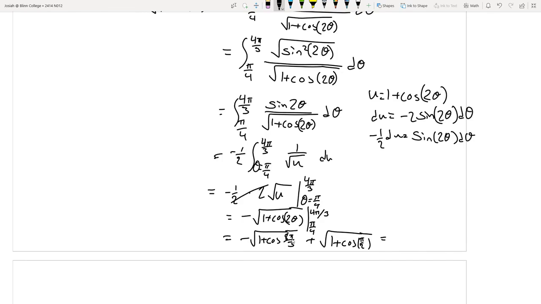Cosine of 8 pi thirds should be, if we look at our unit circle, one way around, that's 6 pi thirds, and then 2 more. So we're looking at a negative there. And then we have 1 plus 0. And so we'll end up with 1 minus root 1/2.